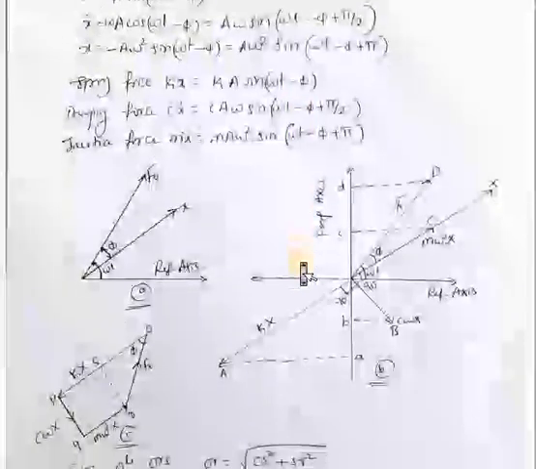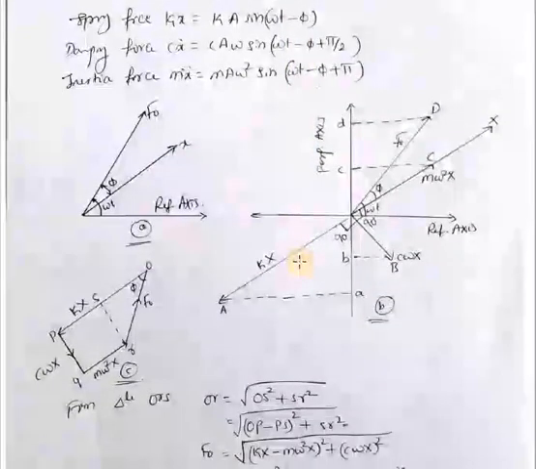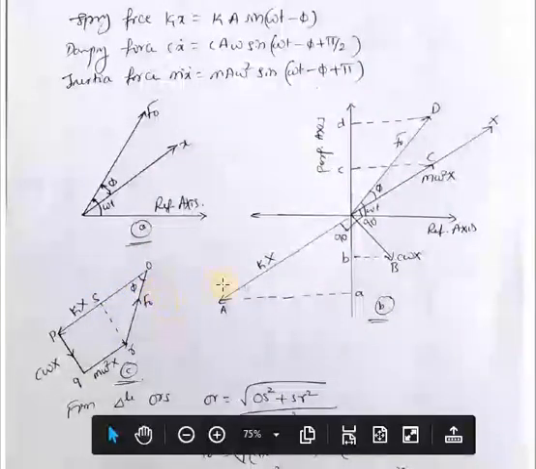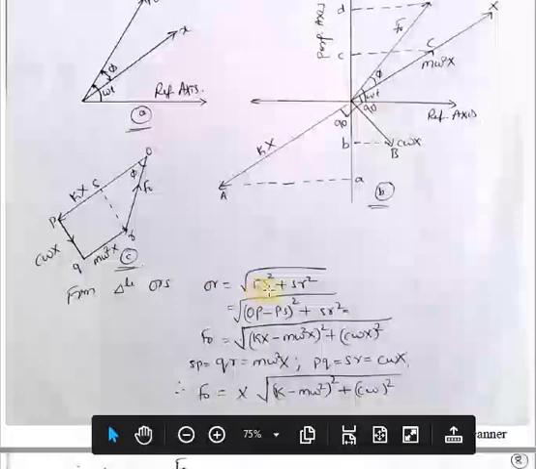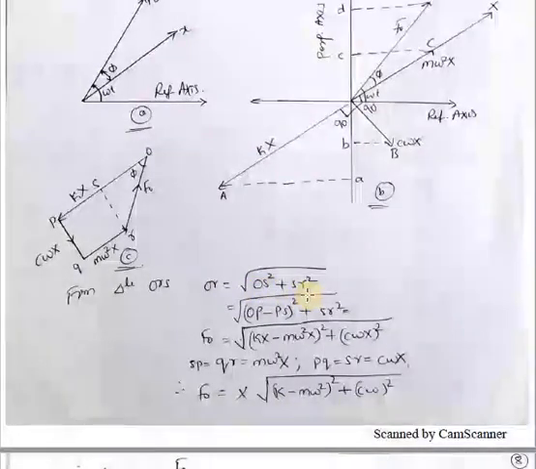Now, from the triangle ORS, I can write this OR as root of OS square plus SR square.